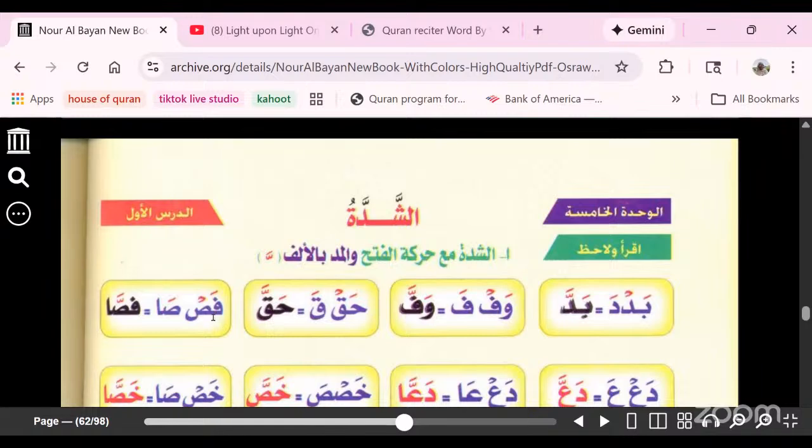Fa fatha fa, sad sukun, fas. No, you can't pronounce the letter with sukun by itself. You can't give it any sound. That's why you must read it with the letter that comes before it. Fas. Then sad fatha alif mad, sa. Does it have mad or is it just the stick?